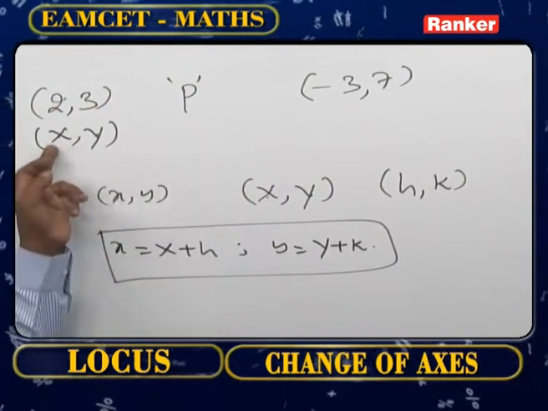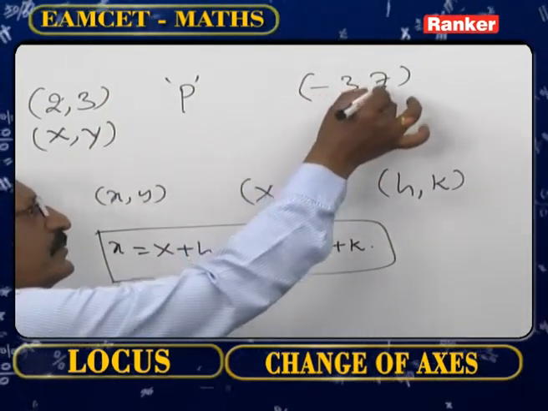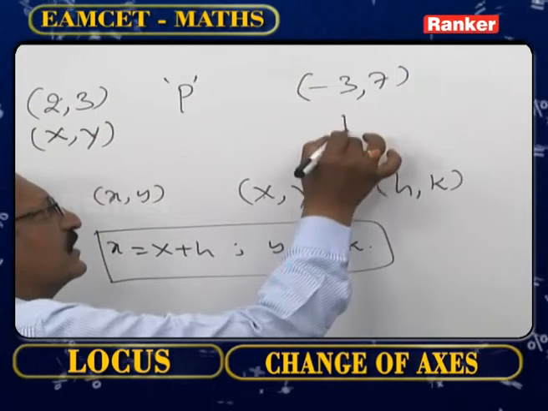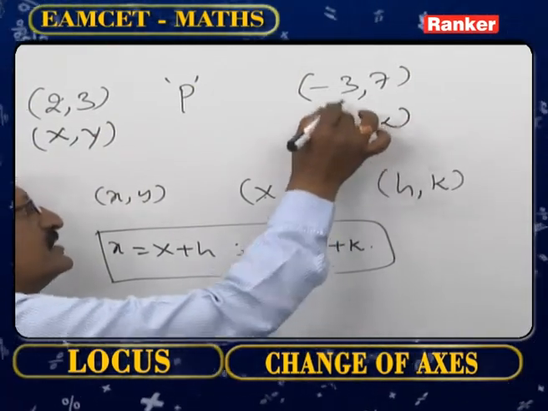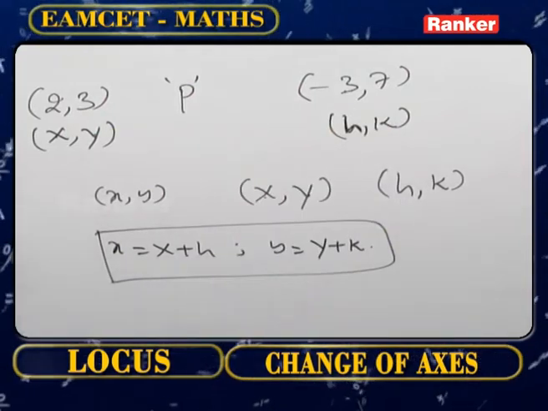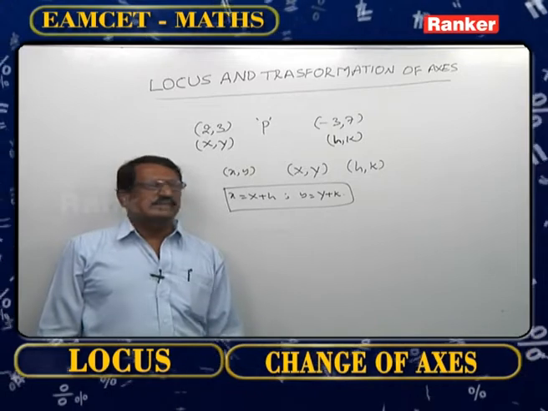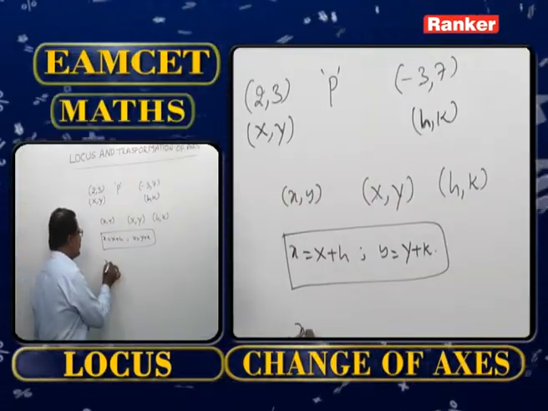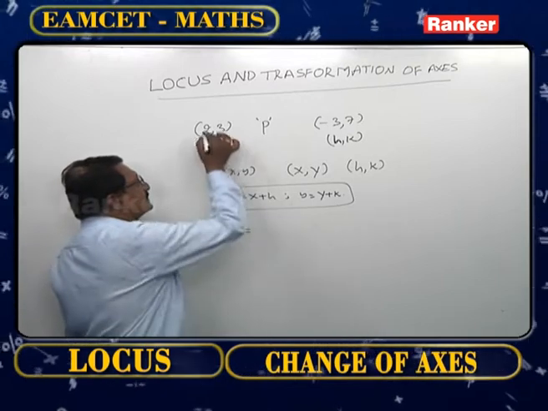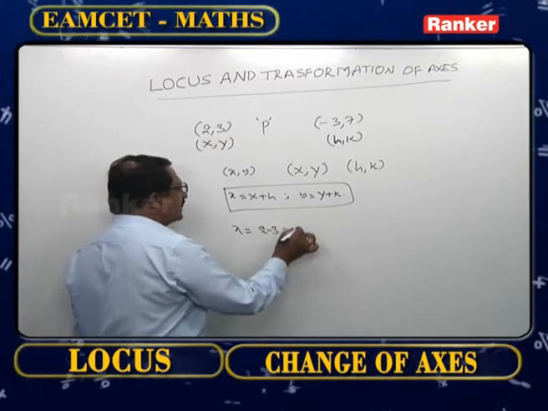It is nothing but capital X, capital Y. Now the origin is translated to the point minus 3, 7. It is nothing but h, k. Now we need the original point small x, small y. Now x equals capital X plus h, which is 2 minus 3, that equals minus 1.